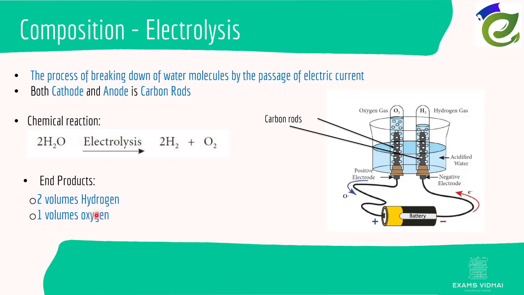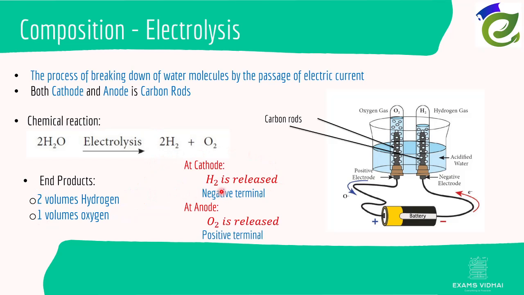What I mean by this is, when you look at this chemical reaction, you can see that there are 2 volumes of hydrogen and 1 volume of oxygen, right? So you have these 2 here, you have the 2 here as well, and you have the 1 here, you have the 1 here. This 1 means 1.